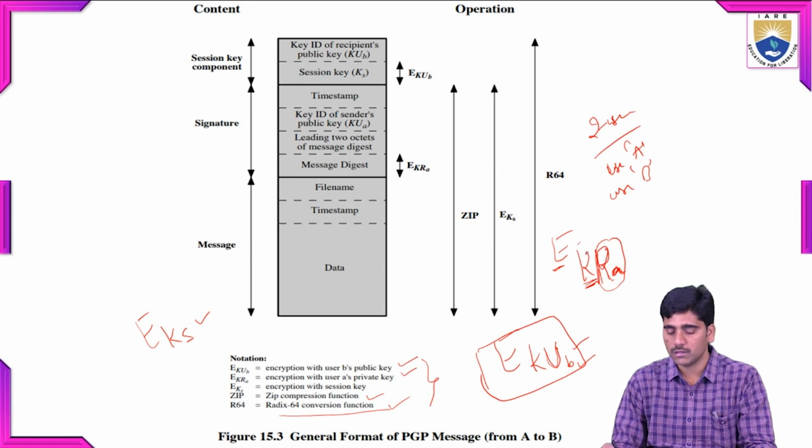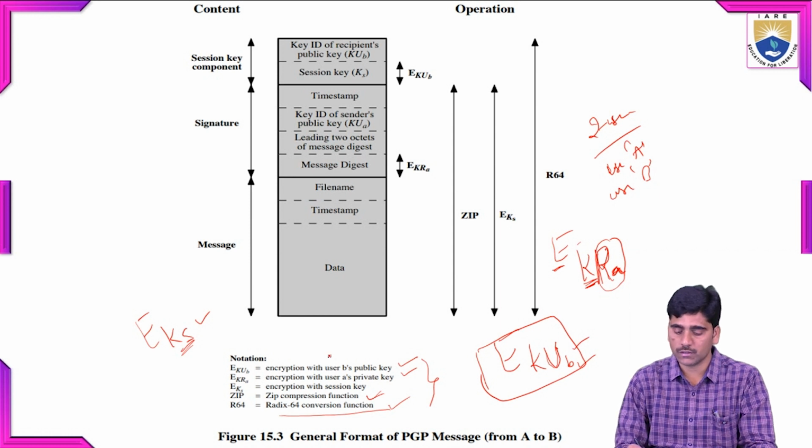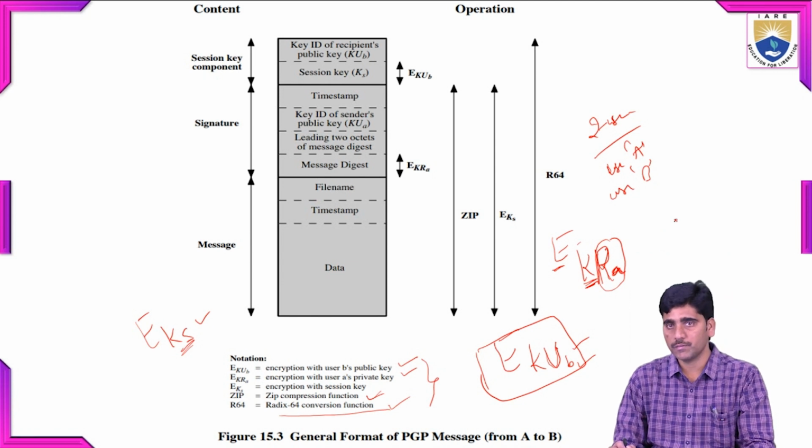So here is the encryption with the user's private key. Then next EKS indicates encryption with the session key, and then the zip compression function and the radix 64 conversion function.